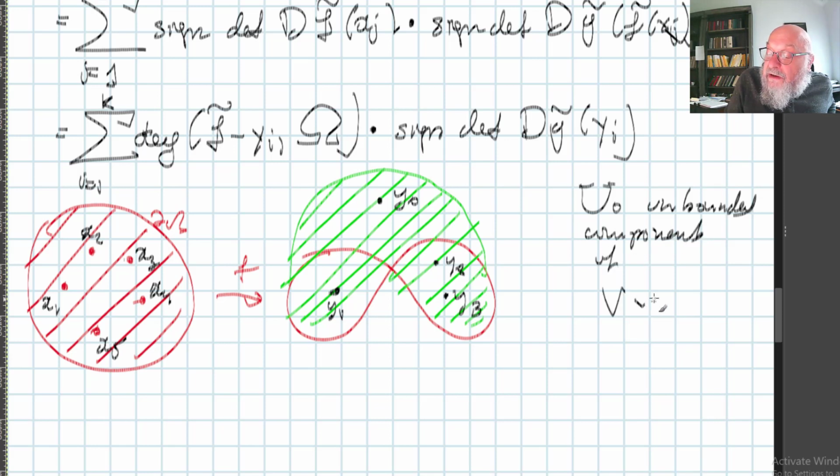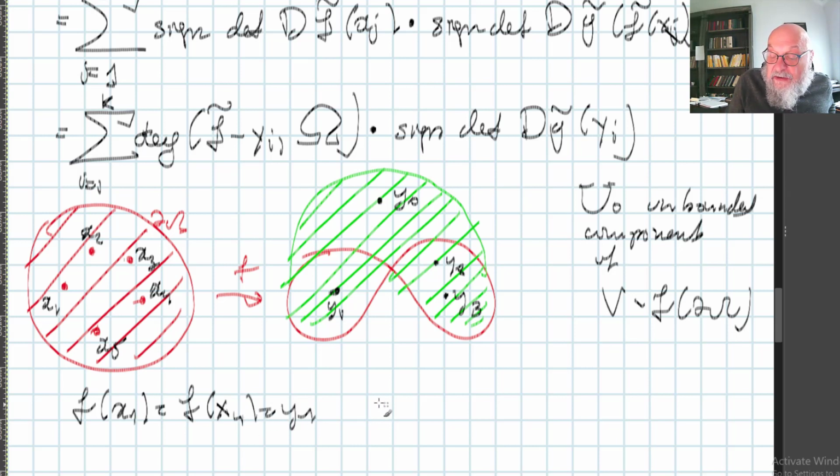So let me write it down. We have f of x1 equal to f of x4 equal to y1, and f of x2 equal to y2, f of x3 equal to y3, and f of x5 equal to y0.